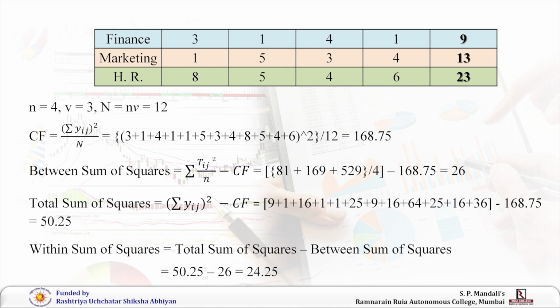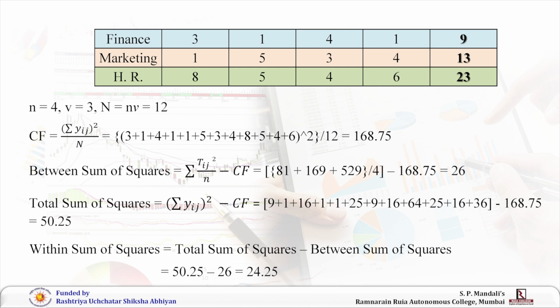168.75. In order to calculate the between sum of squares, we need the Tij totals: 9, which is the total of 3, 1, 4 and 1; 13, which is the total of 1, 5, 3, 4; and 23, which is the total of 8, 5, 4, 6.